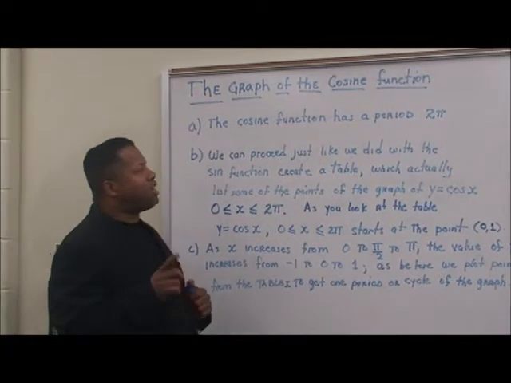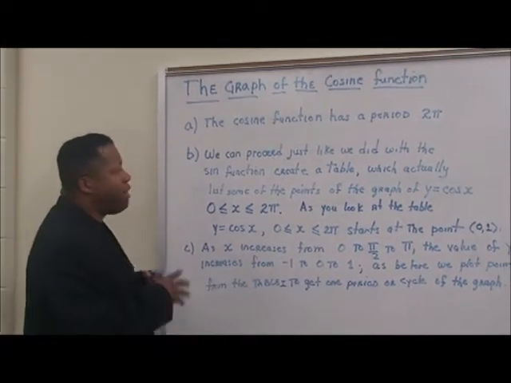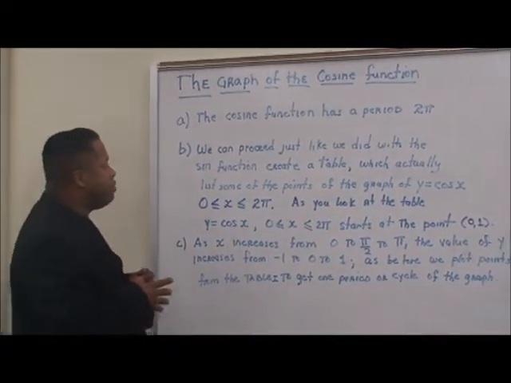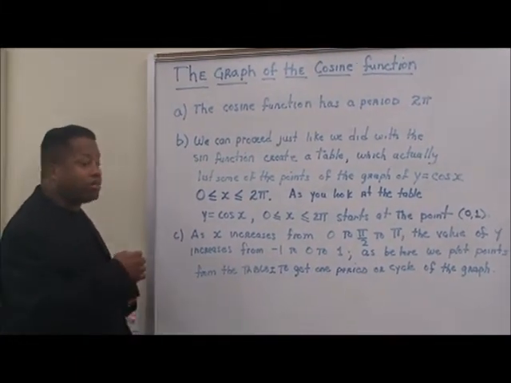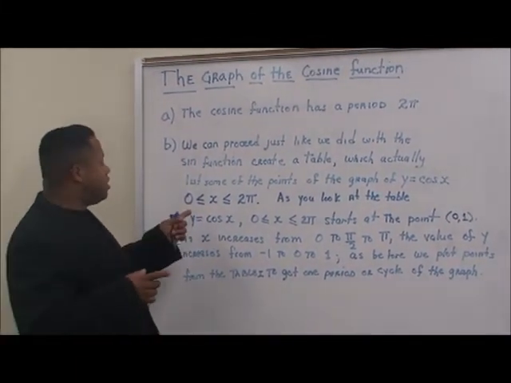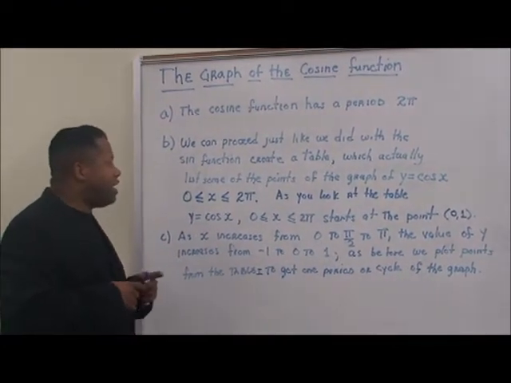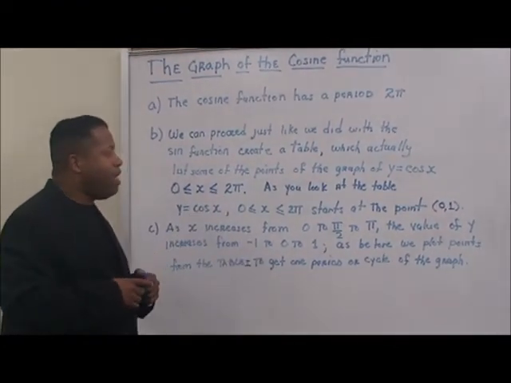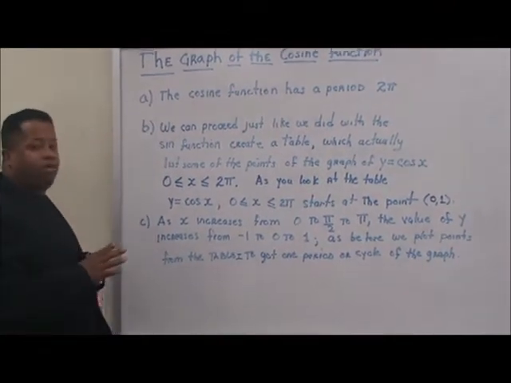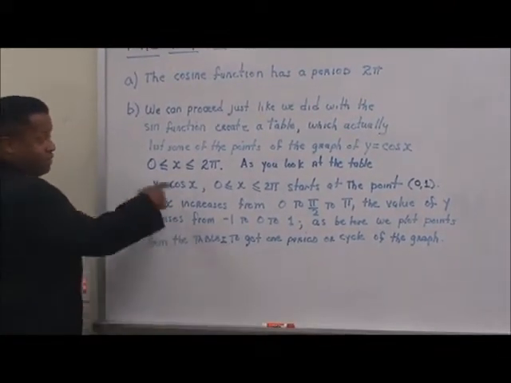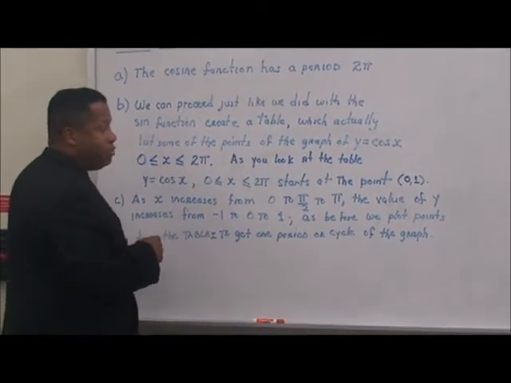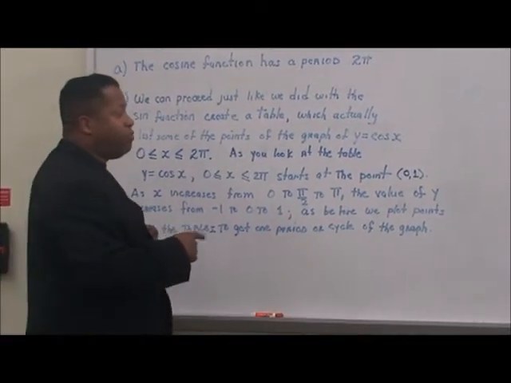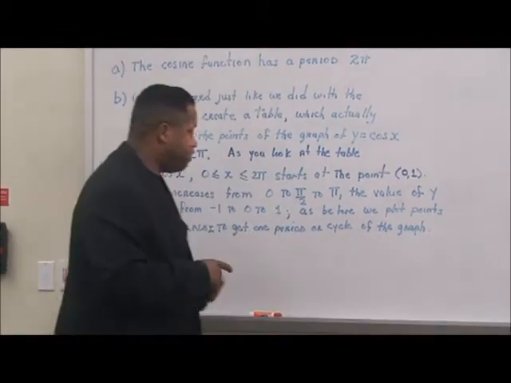And we can proceed just like we did before by creating a table which lists some of the points of the graph of y is equal to cosine x, 0 less than or equal to x less than or equal to 2 pi. As you look at the table, it starts at the point 0, 1.